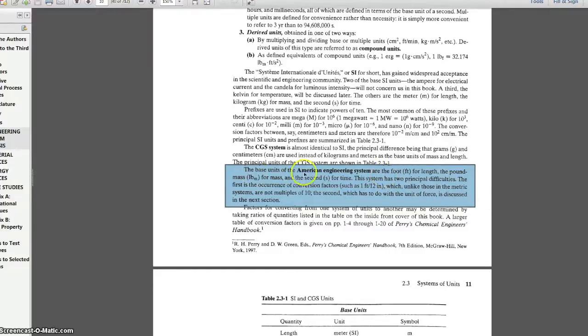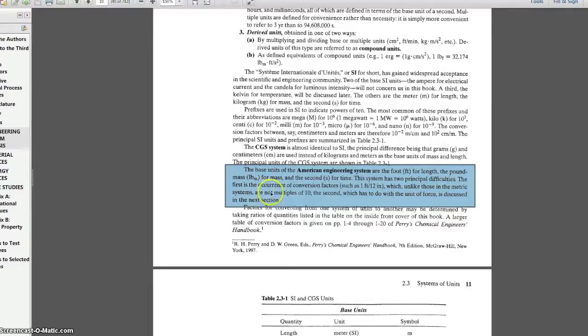So the base units for the American engineering system are foot for length, which is ft, and pound, which is lb, and still second for time. It says here this system has two principal difficulties.